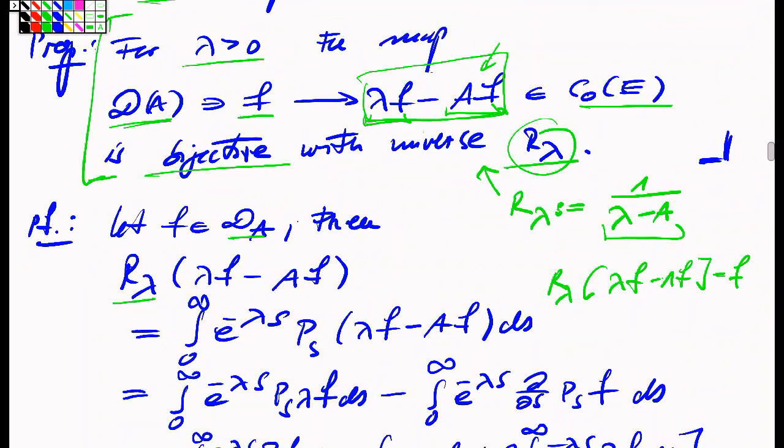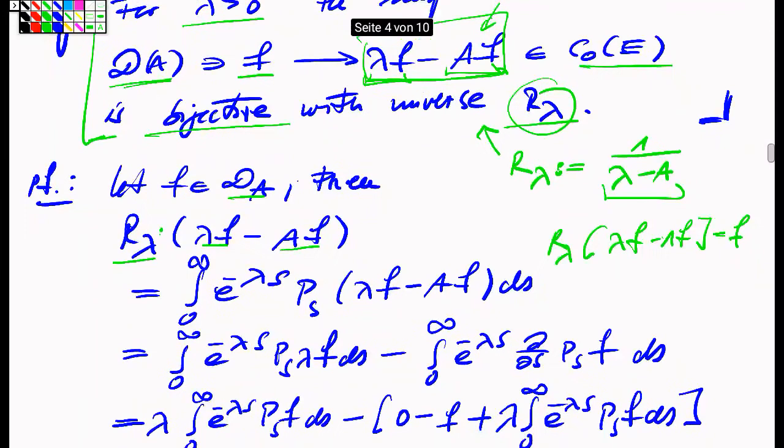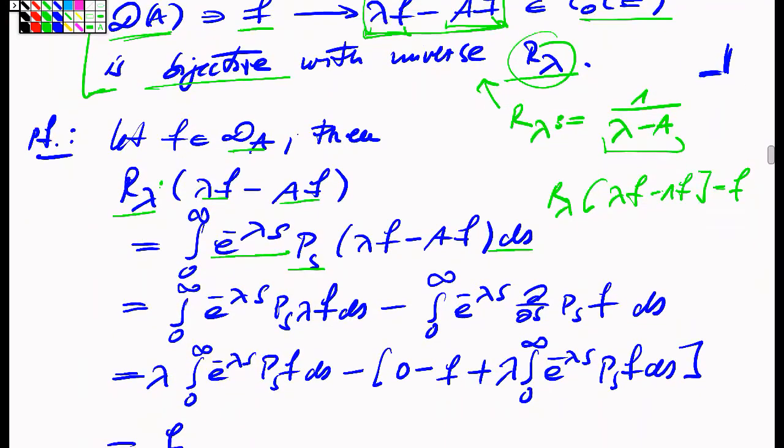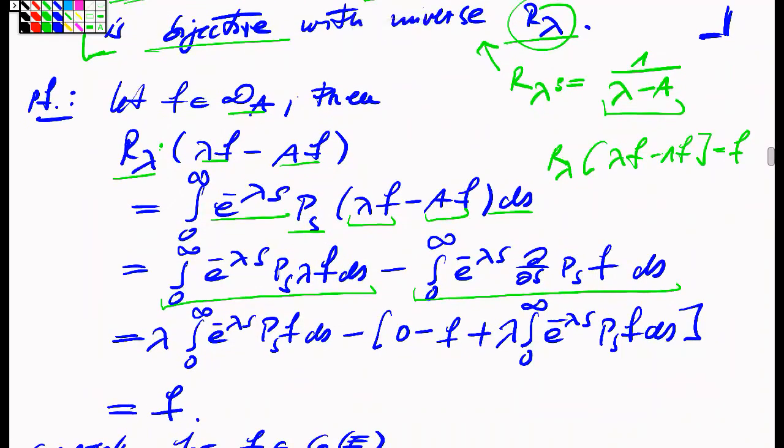Then let us write down R lambda, this resolvent, applied to the function that is obtained as lambda f minus Af. By definition of the resolvent, this is this infinite time integral, where now this infinite time integral involves a sum of two integrands. So therefore we decompose this infinite time integral into these two different summands.